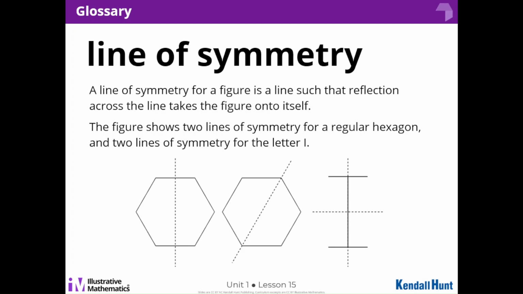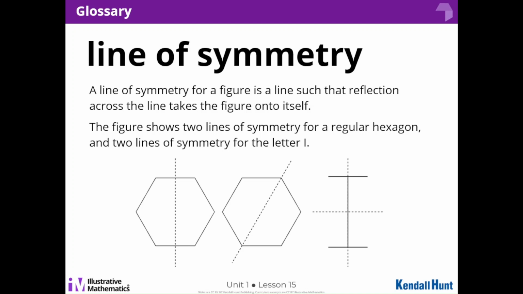Down at the bottom here, we have this hexagon, and if I folded it in half along that vertical dashed line, then the left side and the right side would lay right on top of each other.